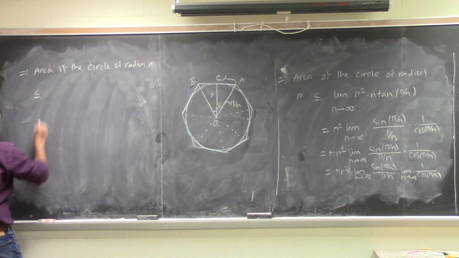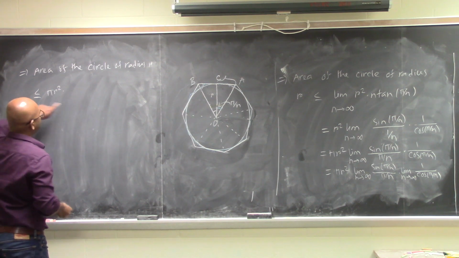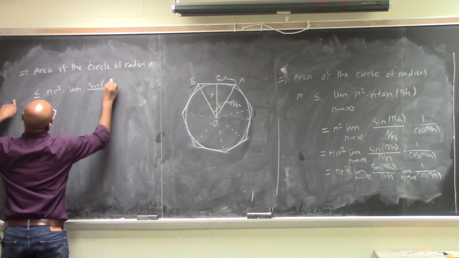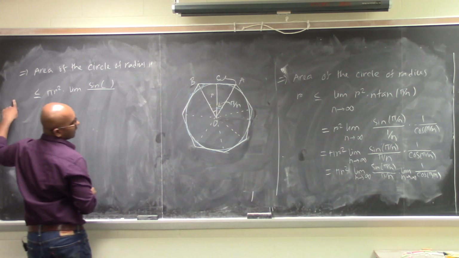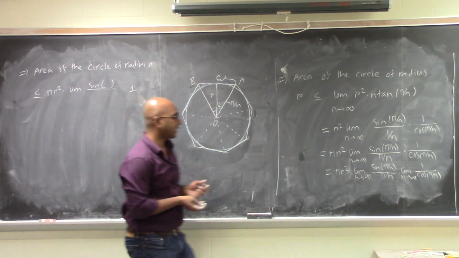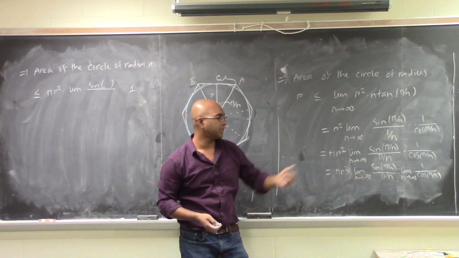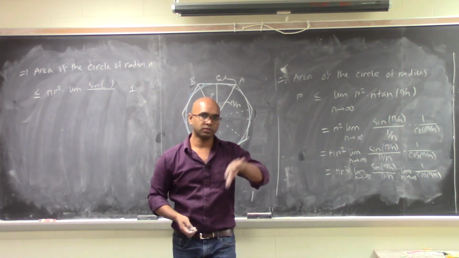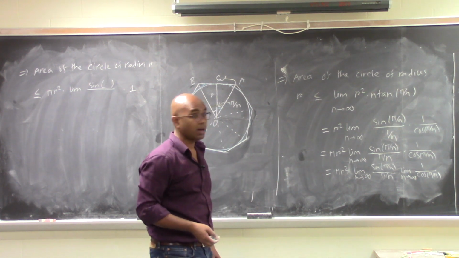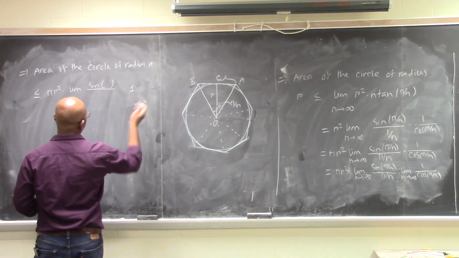Pi r squared, then we have this limit here, sine of something over itself, that is 1. I'm telling you again, as n goes to infinity, pi over n goes to 0 from the right, but cosine is a continuous function, so that limit is just cosine evaluated at the limit of pi over n, which is 0. So cosine 0, which is 1. So this is 1 over 1, which is 1.